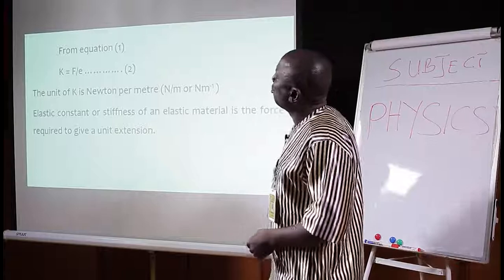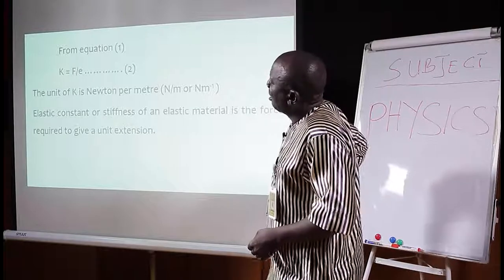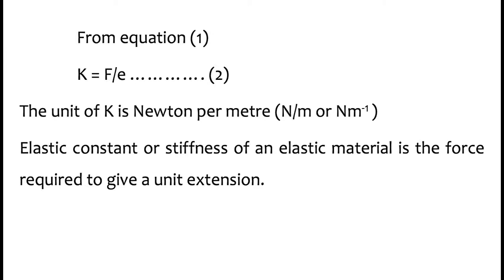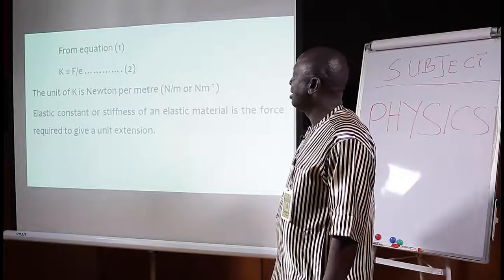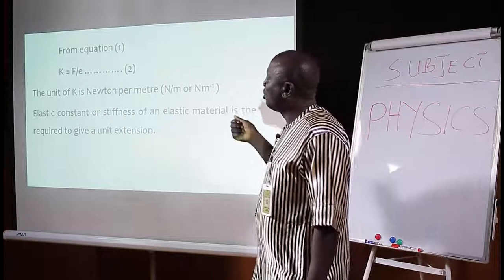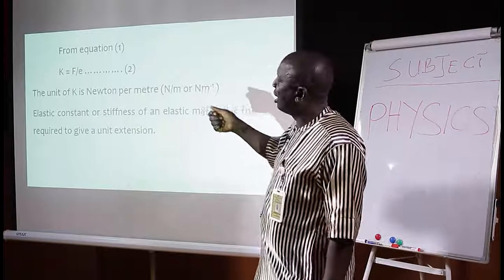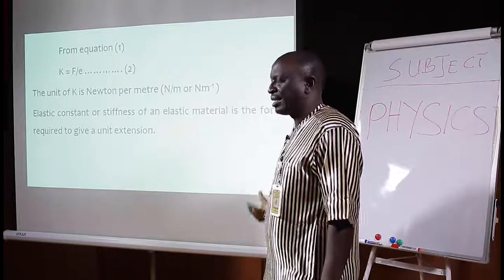Now from equation 1, if we make K the subject of the formula, we will have K equals F over e, and we call it equation 2. The unit of K is Newton per meter. From equation 2, we can see that we have the ratio of force to extension.